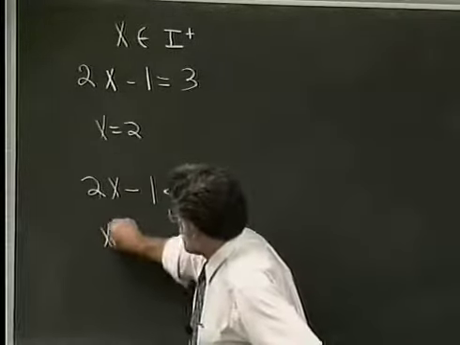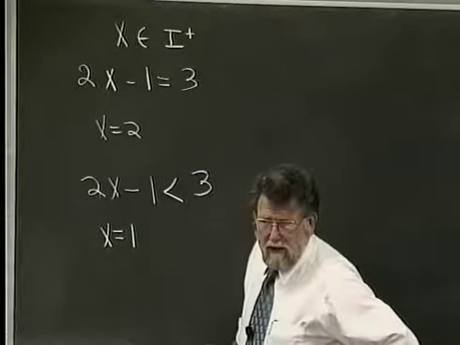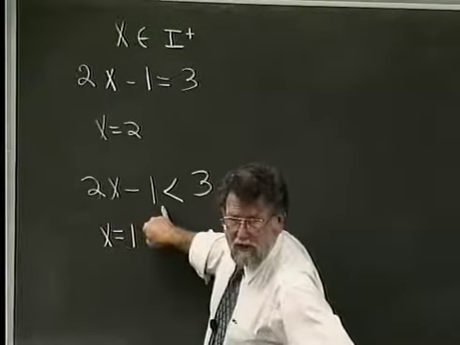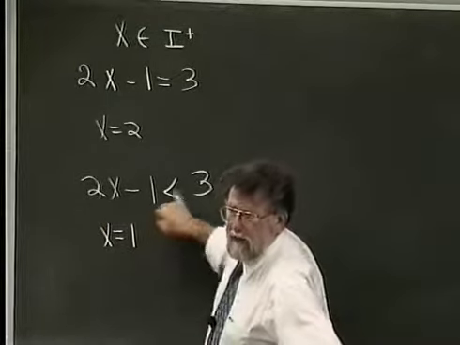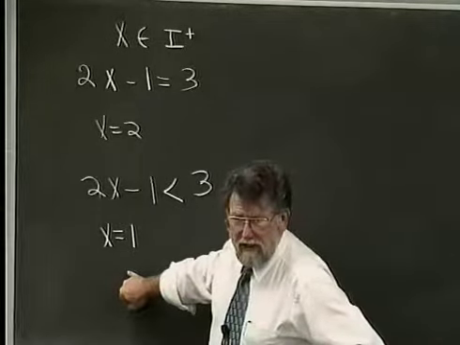If I put x equals 1, and that's the only other choice I have, then I get 2 times 1 minus 1, which is just 1. 1 is less than 3, so I only have one solution here, x equals 1.